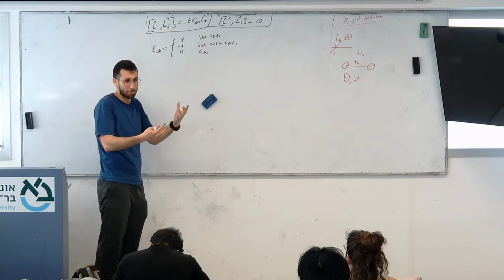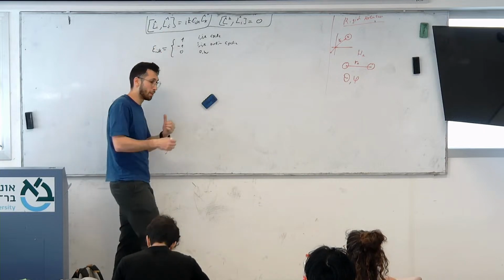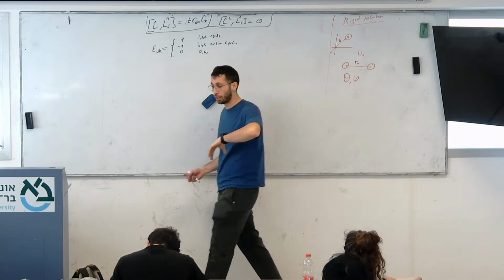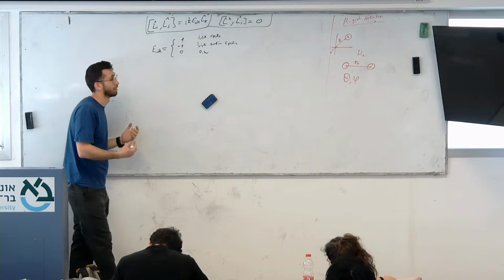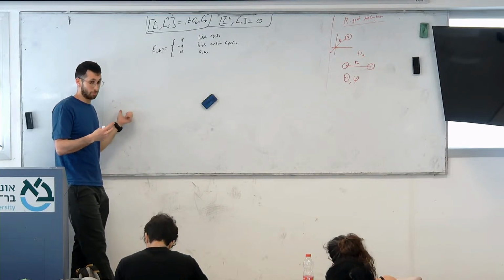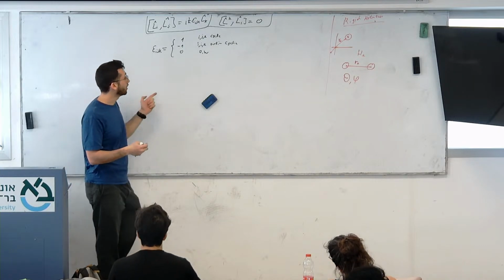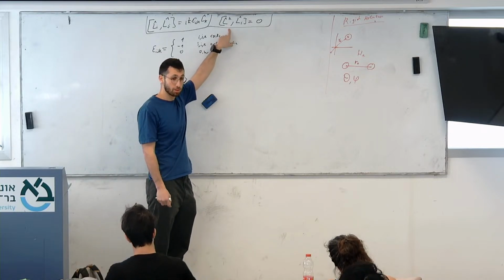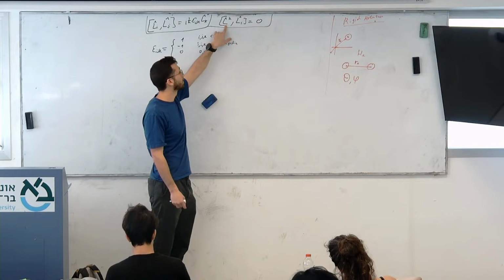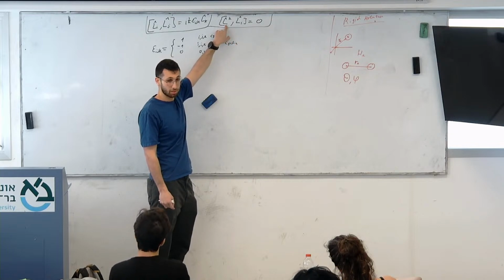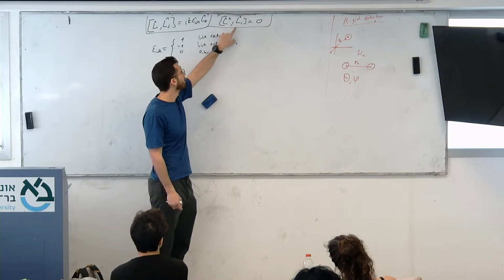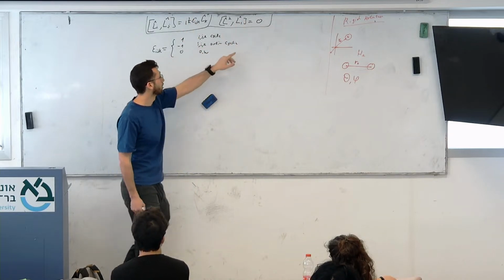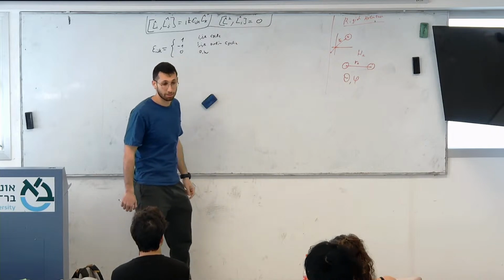If we first measure the angular momentum in x and then in y, it's going to be different than if we first measure in y and then in x. However, if we measure the total momentum, L squared, we can simultaneously measure another, single other direction without influencing the system.